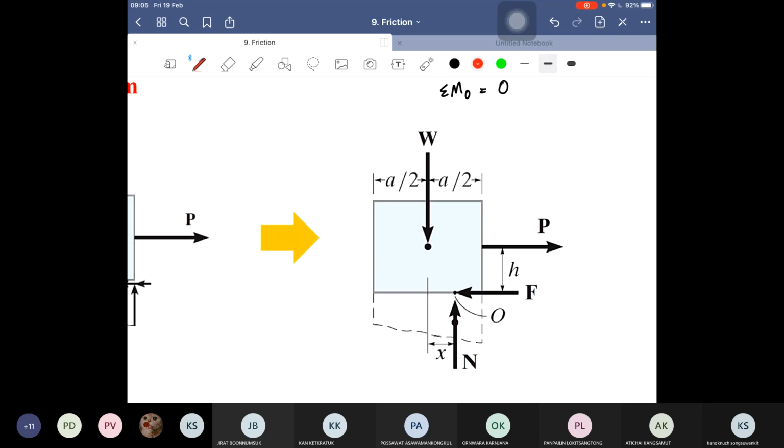For W, if we use the right-hand rule, the moment will rotate in the counterclockwise direction. And for P, also using the right-hand rule, the moment will rotate in the clockwise direction. They turn in opposite directions, so we can just set them equal to make this system satisfy equilibrium.